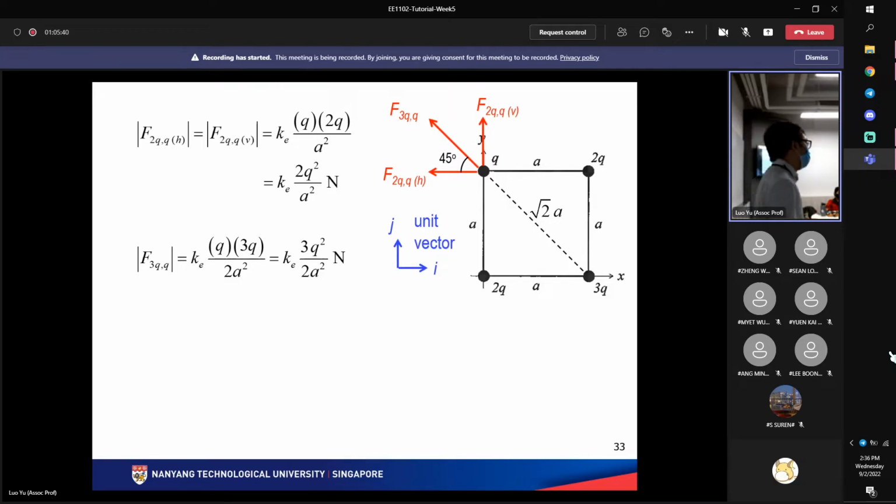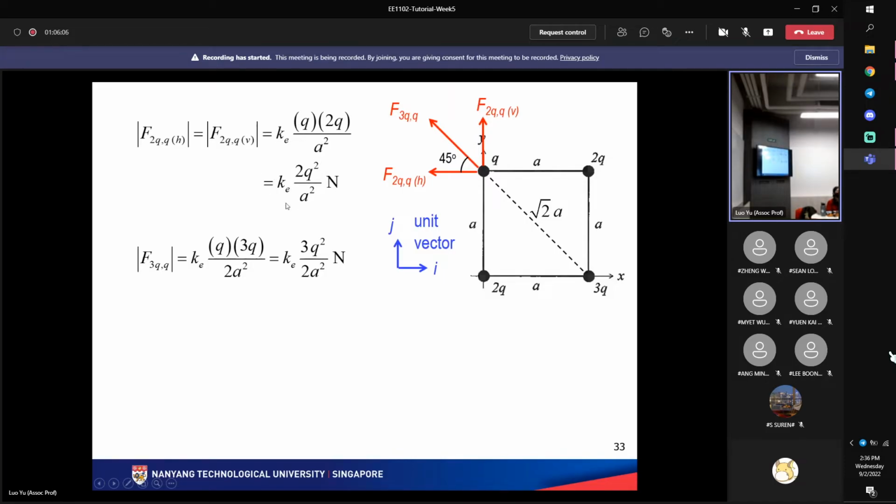Again, the first part is to apply Coulomb's formula to get the force due to each individual charge. For F2Q horizontal and F2Q vertical, the charges are the same and the distances are the same, so both are k e times Q times 2Q divided by a squared.